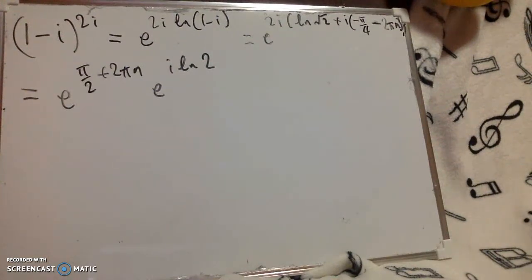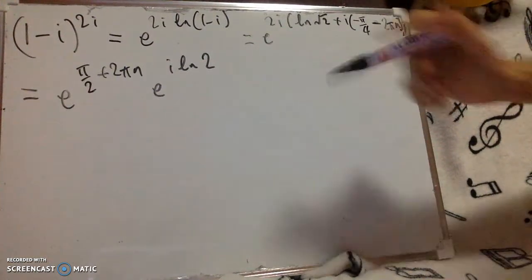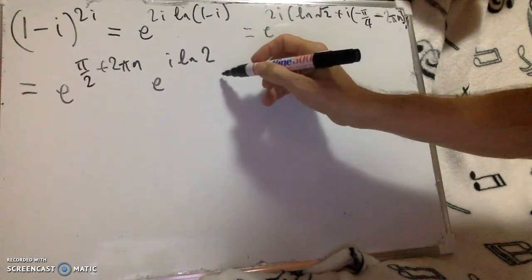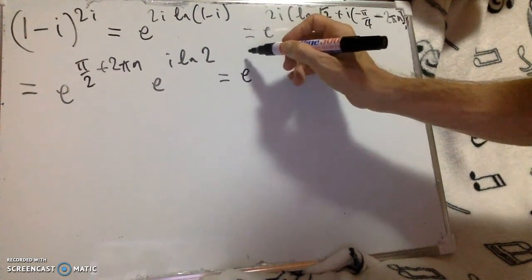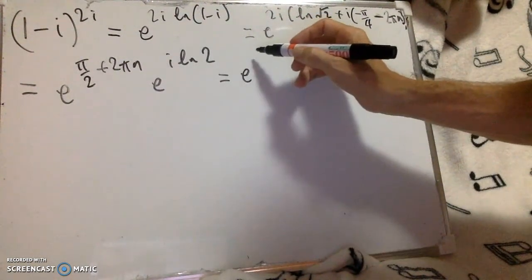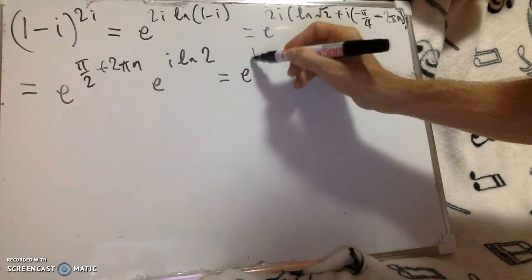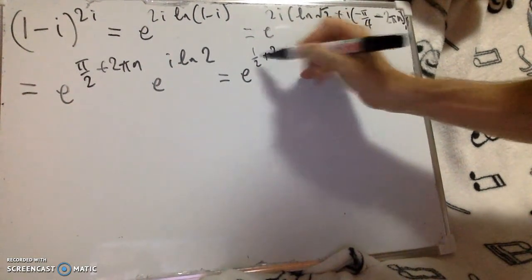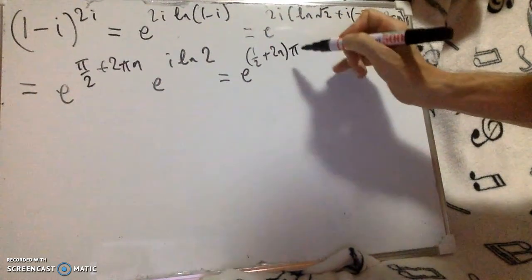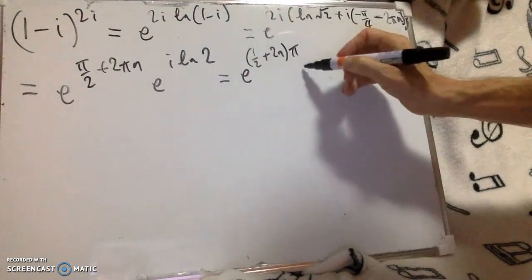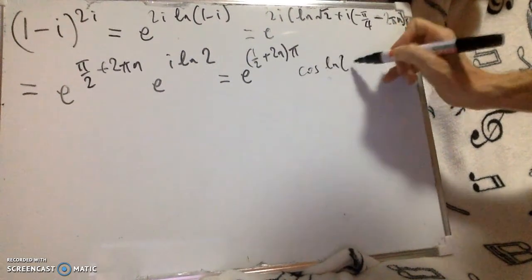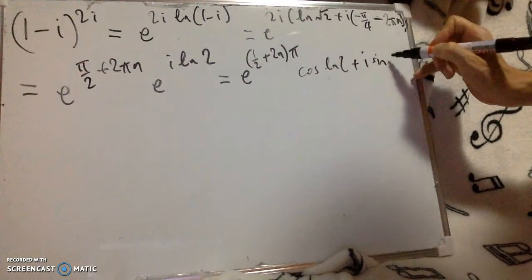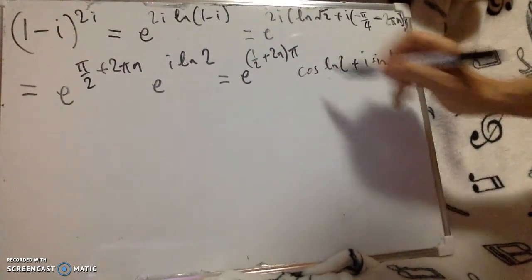This is maybe a funny thing to leave like this, so I would normally simplify it and write it like this. I'd take out a factor of pi, and I've got half plus 2n times pi, and then if I expand this, using Euler, I've got cos of log 2 plus i sine of log 2.